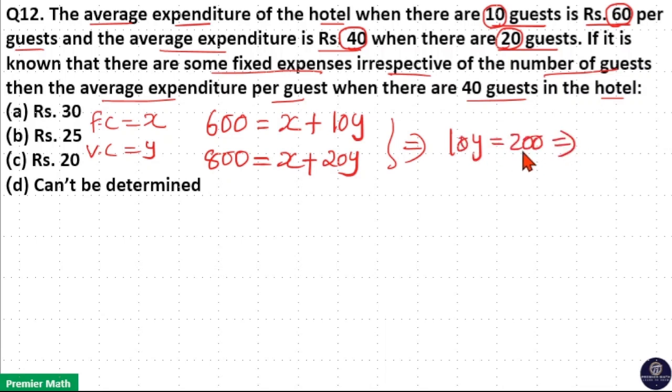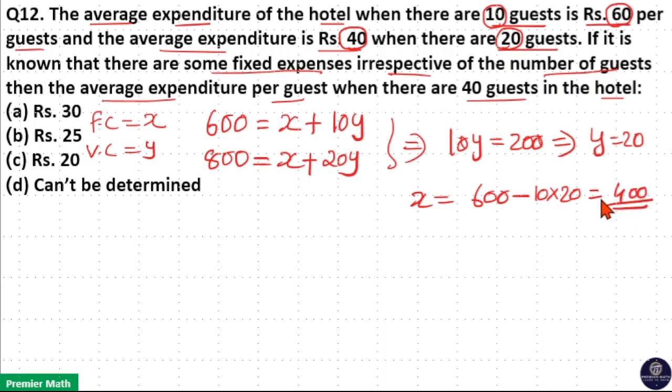That means Y is equal to 20. If Y is equal to 20, apply it in the first equation, that is 600 is equal to X plus 10Y. X is equal to 600 minus 10 into 20, which is equal to 600 minus 200, 400.